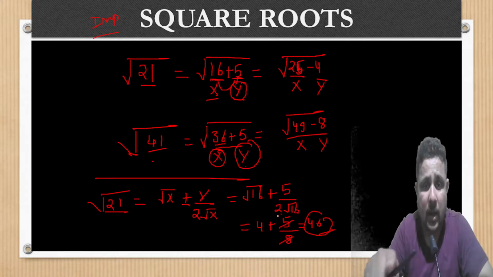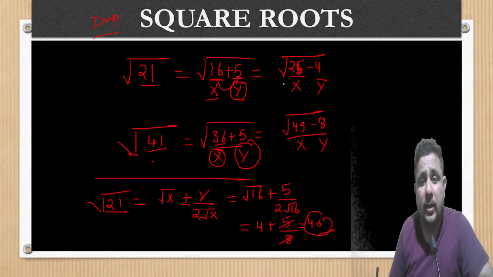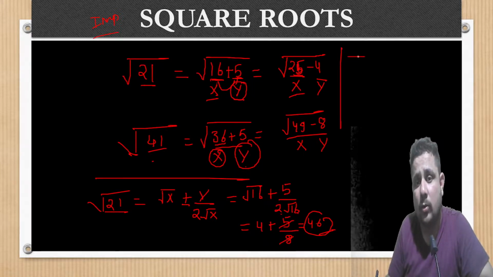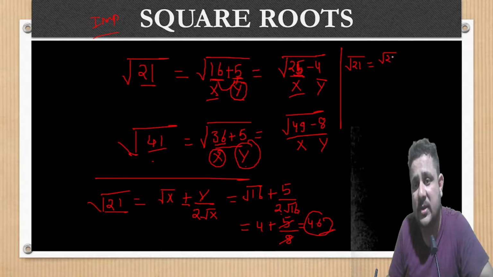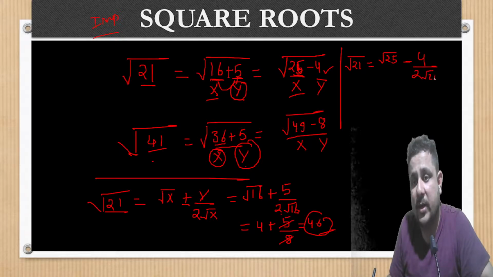Similarly, note each and every step I have mentioned here. Now follow the second part, where x is 25. So for square root 21, take square root 25 and minus is here, so minus y, which is 4, divided by 2 multiplied by square root 25.